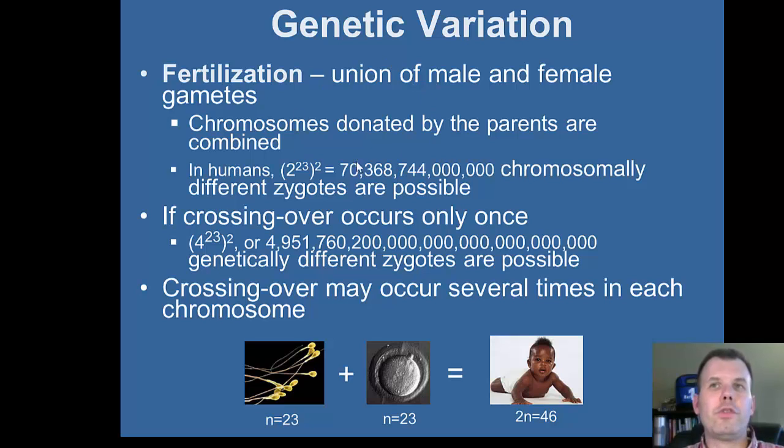And that gives you 70 trillion different possible combinations of the genes itself. Okay? And that's not even thinking about crossing over. So just that alone gives you that many possibilities for genetic variation. Crossing over makes that even bigger, and so you can see how big this number is, and I don't even know how big that is. It's just a huge number, a really huge number with crossing over.